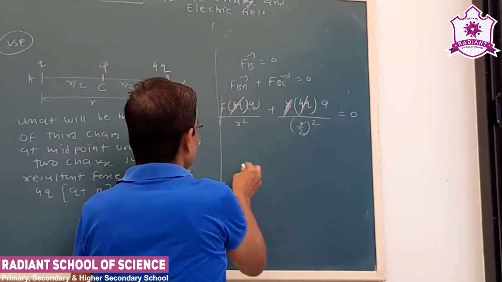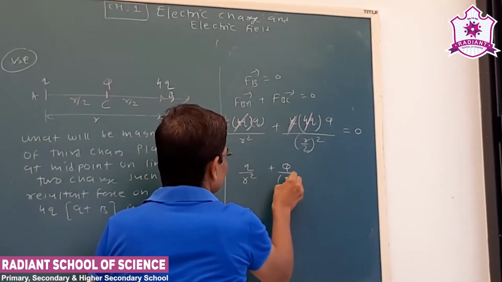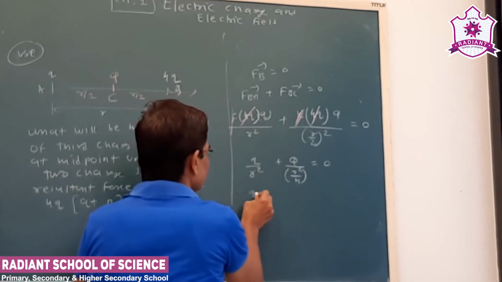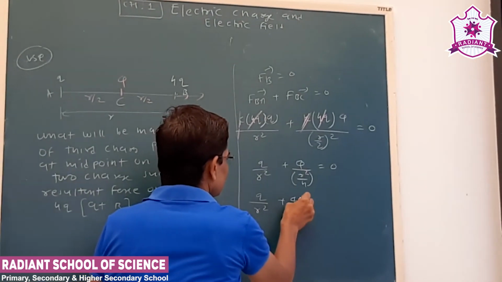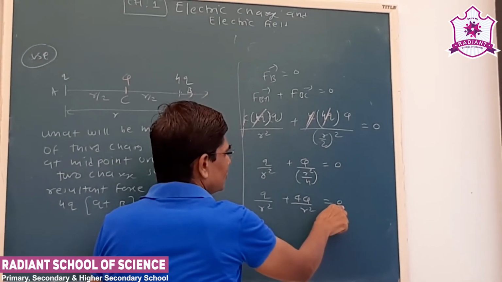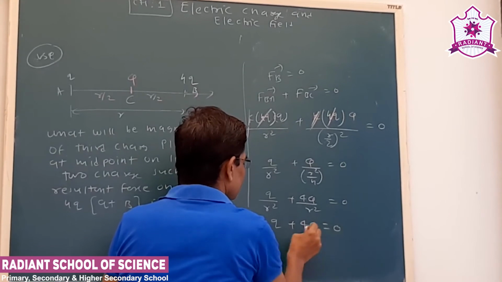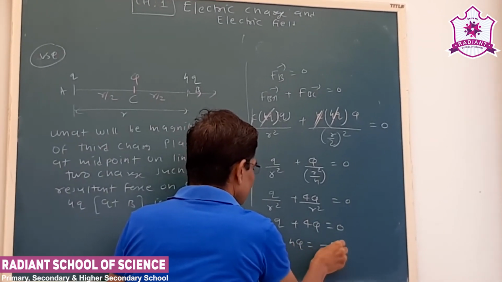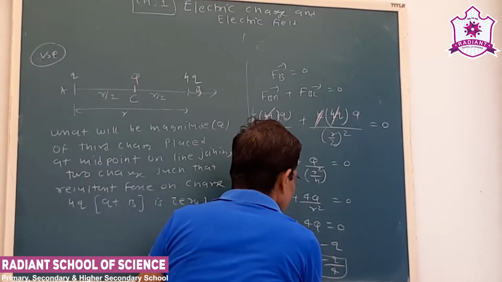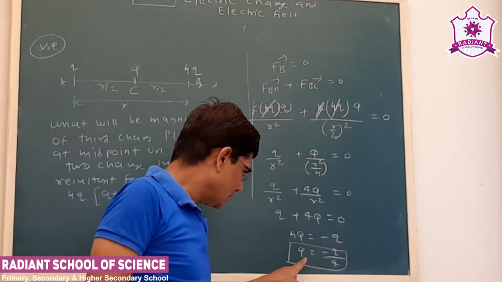So what is left is Q upon R square plus capital Q upon the other term. Now this moves to the right hand side and becomes 0. So the magnitude of the third charge will be minus Q by 4.